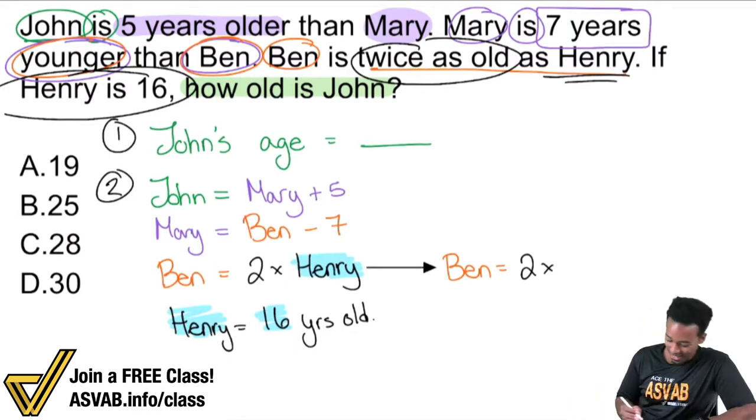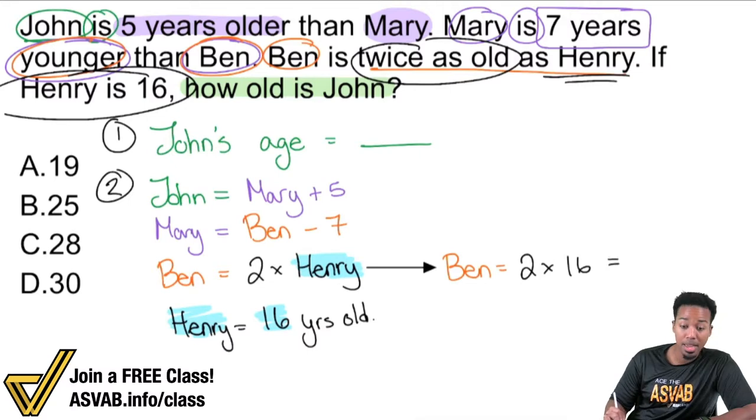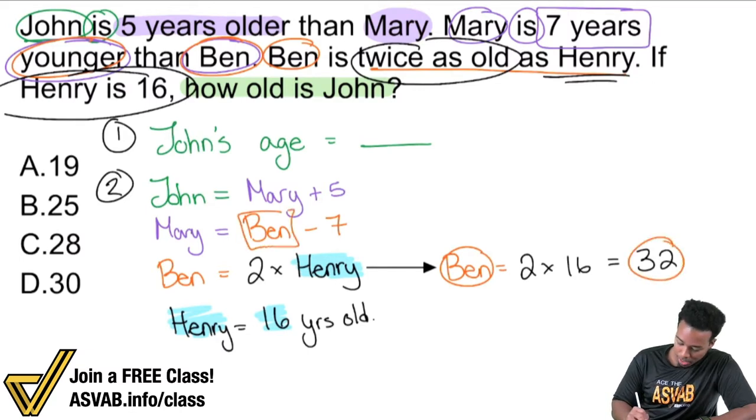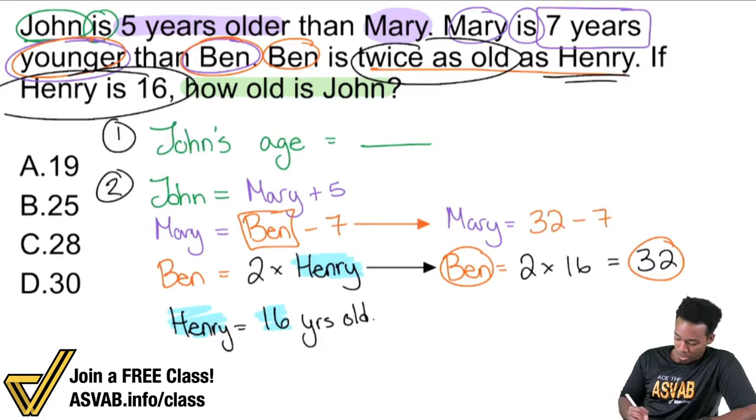Ben equals twice Henry, which is double 16, which means Ben is 32. So I can replace Ben with 32 and plug it back into the equation. Mary equals 32 minus 7, which means Mary is 25 years old.